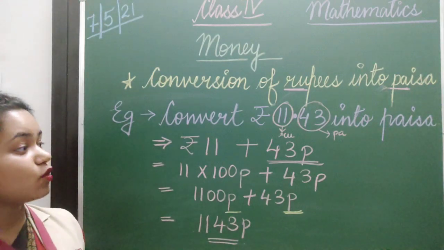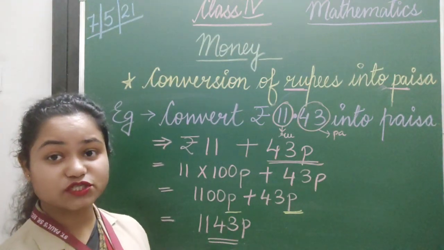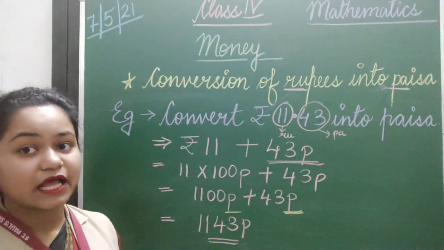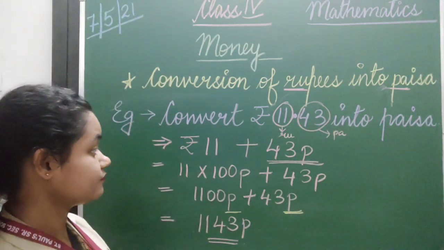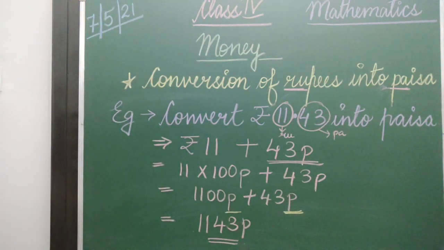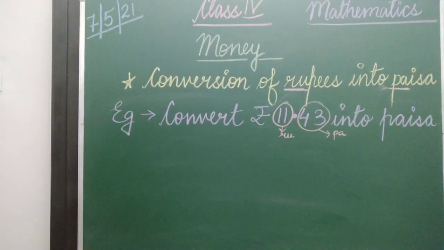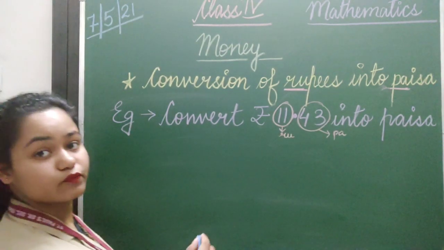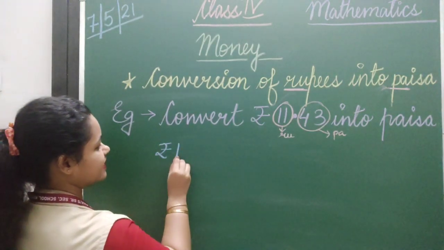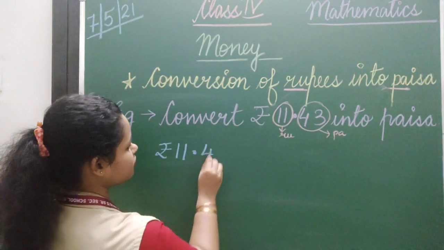Now this was about the long method. Now if I tell you the short trick, first you copy down this, then I'll tell you. Now see the short trick. We are given rupees 11.43.